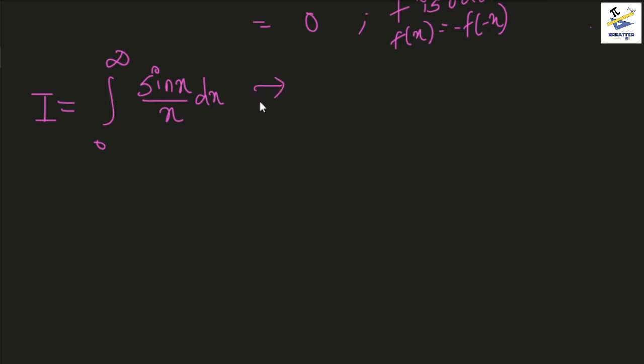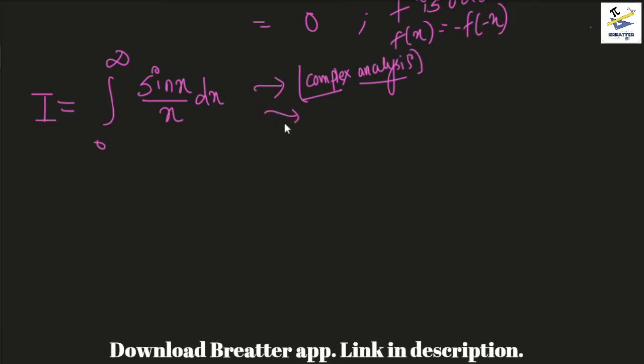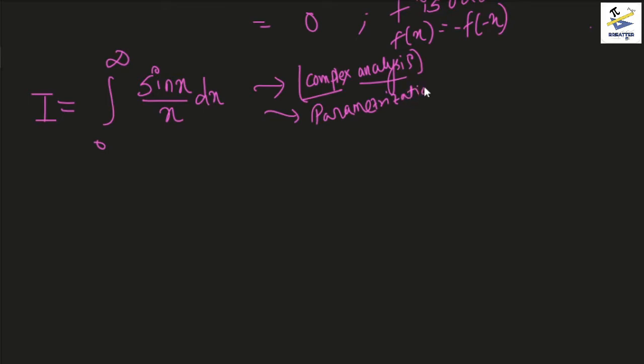One of the known methods is complex analysis, which is basically calculus in the complex plane, but we are obviously not going to do that because that is way out of the scope of the syllabus of what we are studying here. Another method which we can use is parametrization, which we can use to solve our current integral.